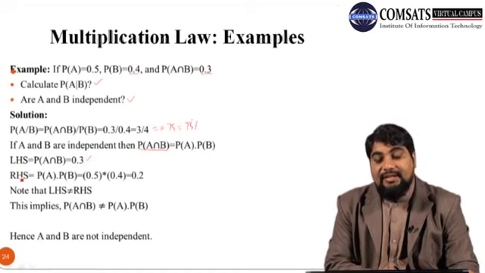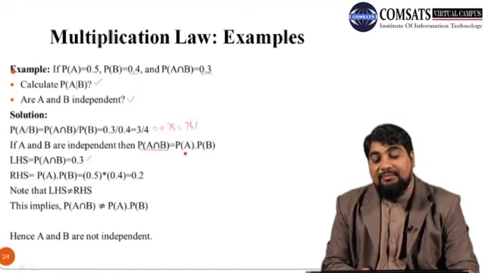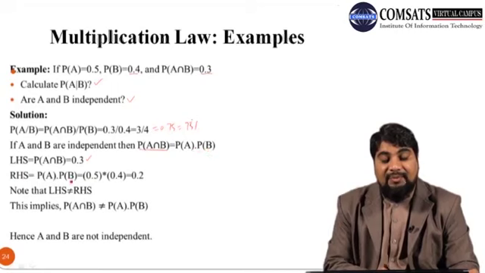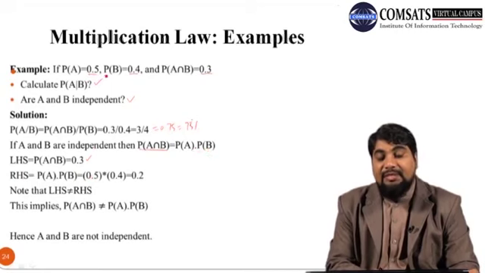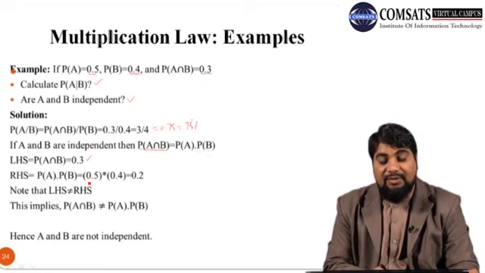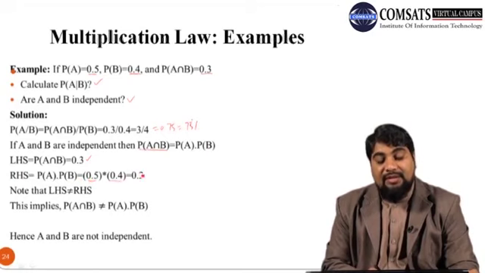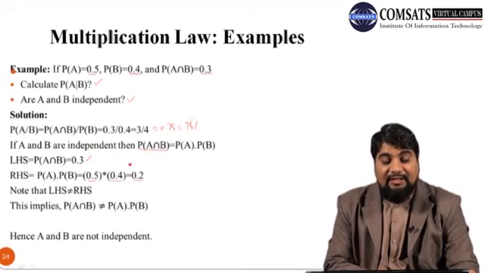Now take the right hand side, the product of P of A and P of B. P of A is 0.5, P of B is 0.4. So 0.5 times 0.4, we get 0.2.